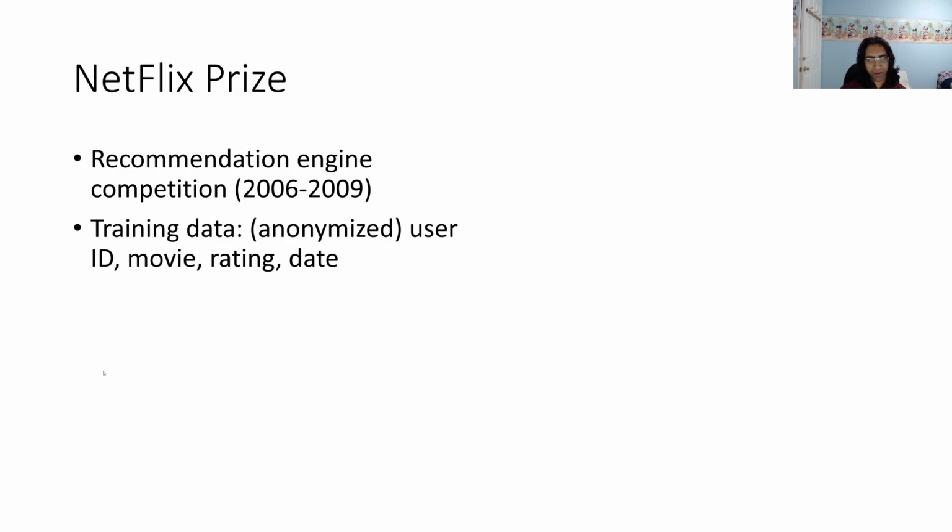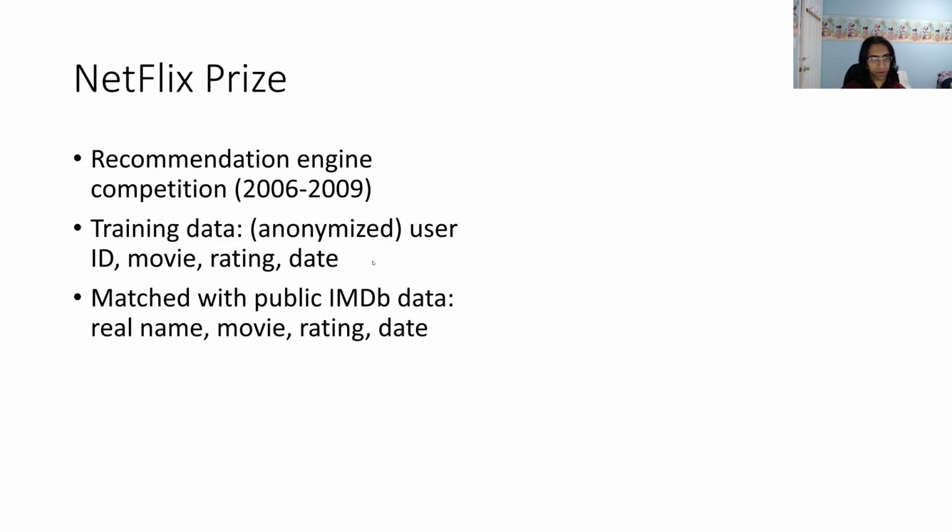However, this is a rather naive form of anonymization, and actually it doesn't really work, especially in this case. And why is that? Well, there are some clever types of attacks that you can do which will allow you to still recover the sensitive data. What was done in a result by Narayanan and Shmatikov in 2008 is they showed that it's possible to cross-reference this information with public IMDb data.